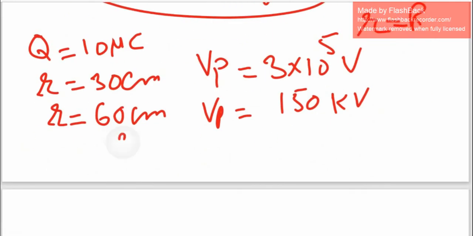For R equal to infinity, Vp is equal to 0 for all practical purposes. Did you understand? As we go far from the surface where the charge is located, the potential will be decreasing.